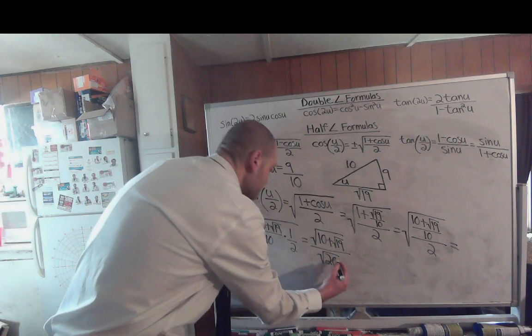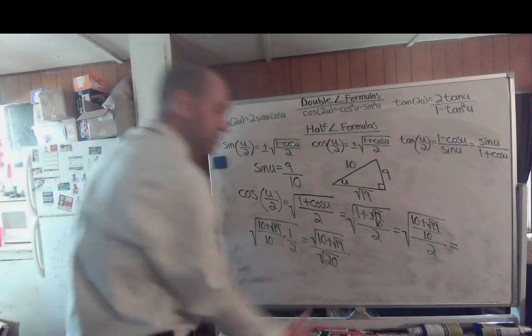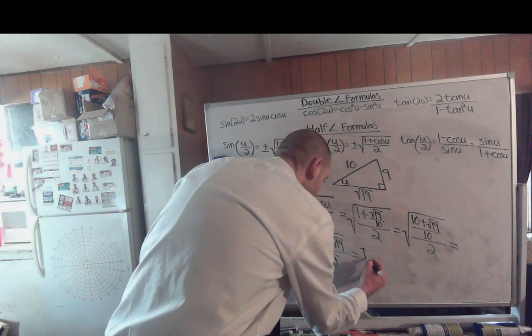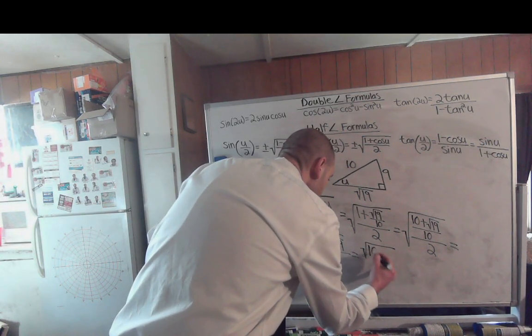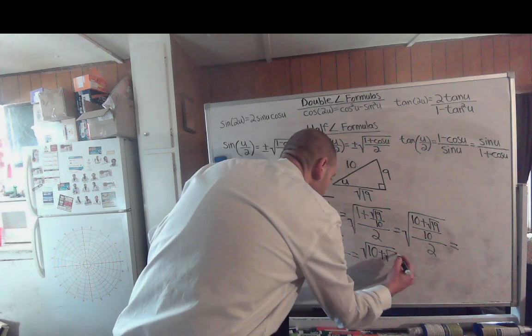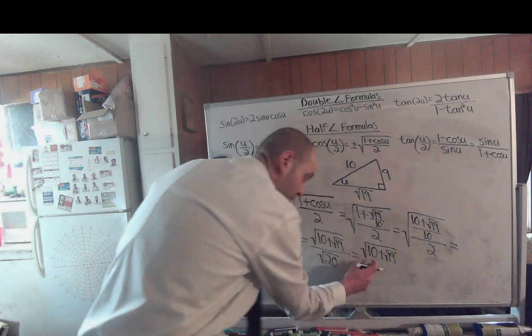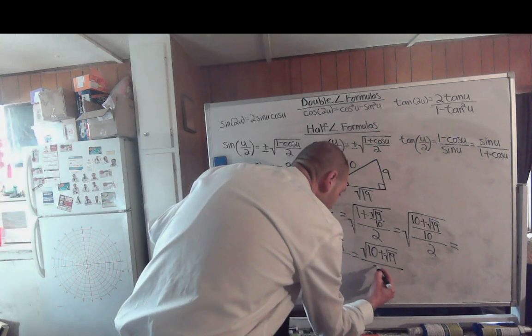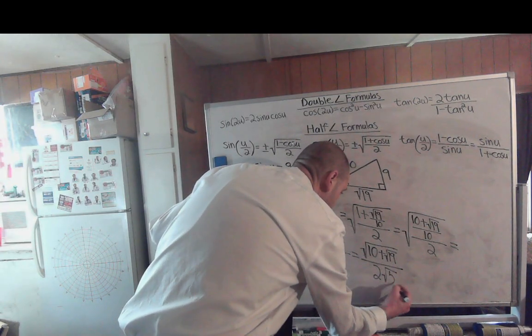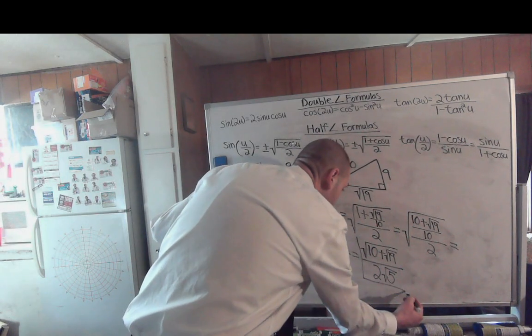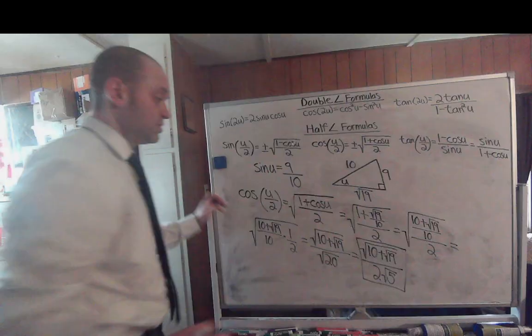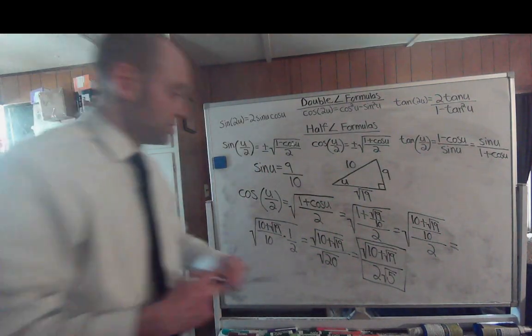Well, we know at least the square root of 20 simplifies. That would be 2 times the square root of 5. So the answer you should get is the square root of 10 plus the square root of 19, all over 2 times the square root of 5. And that would be your answer for the cosine of u over 2.